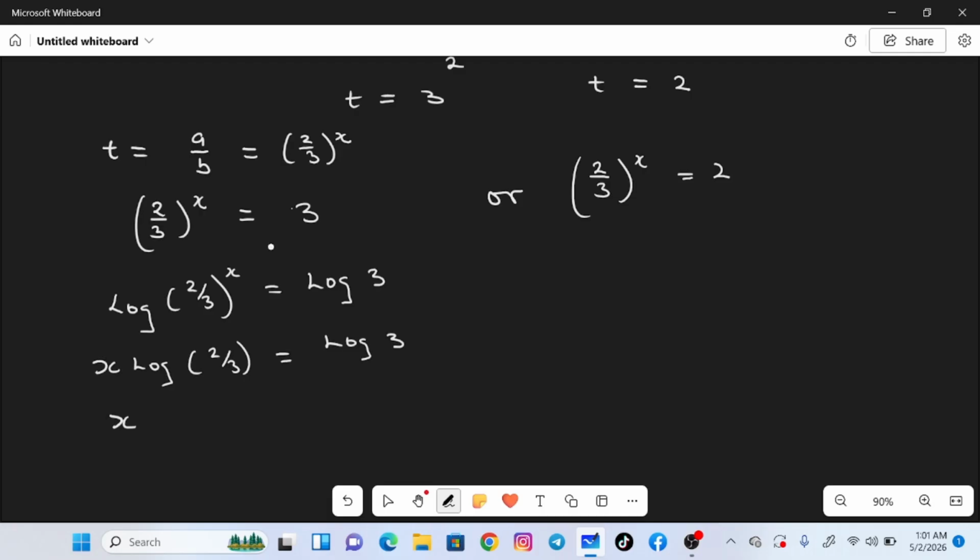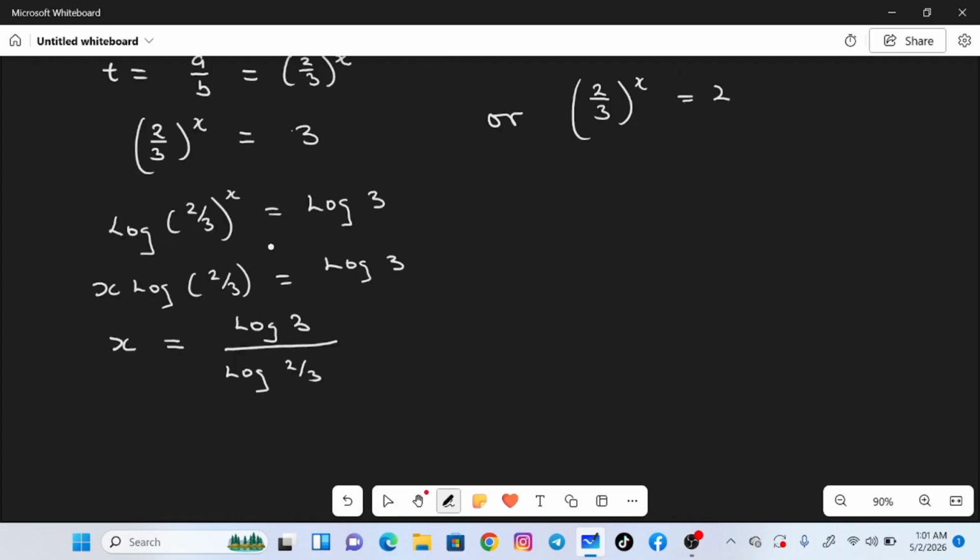X equal to log 3 over log 2 over 3. And x is approximately minus 2.6 7096.